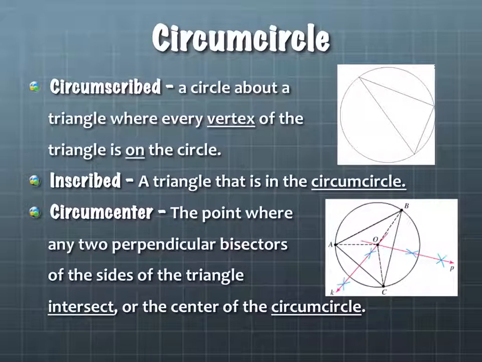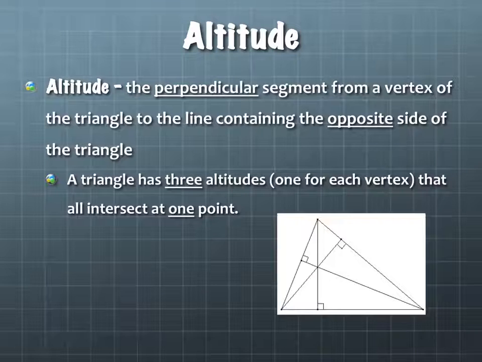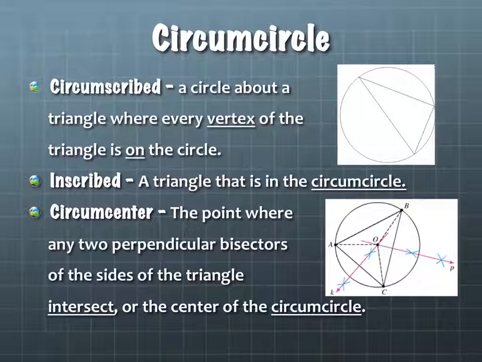And the circumcenter is the point where the perpendicular bisectors cross. That's the one I wanted a minute ago. The circumcenter. Over here where it said the triangle has 3 altitudes, the altitudes intersect in one point. That point is called the circumcenter. It's the location that tells you where the center would be so that you could draw such a circle.